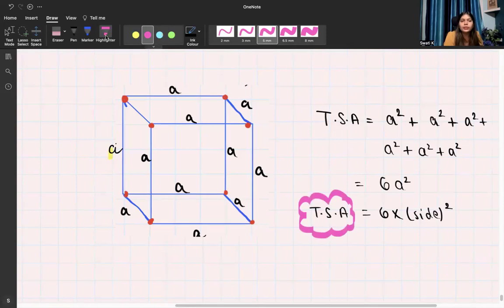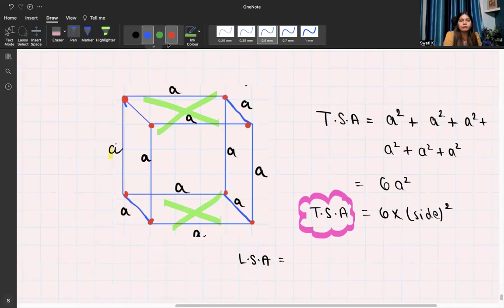Now, if I talk about the lateral surface area, as you know, we need to remove two things: the top and the bottom. And the remaining ones you need to add. Area of the front face is A square, plus area of the back face, A square. Top and bottom we have removed already.